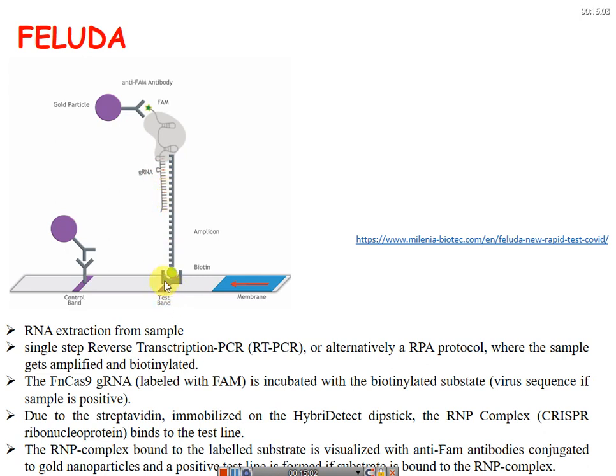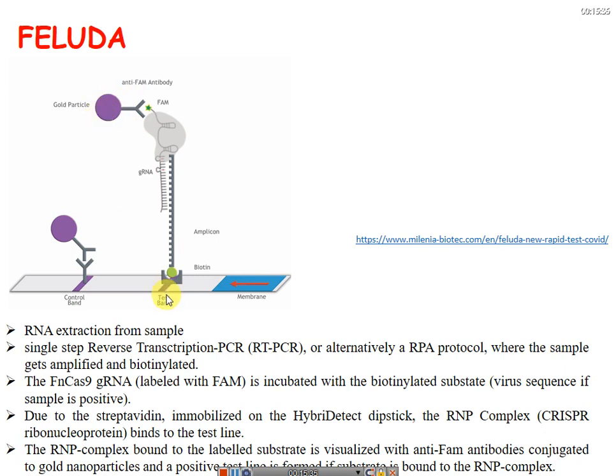Now, due to the streptavidin on the lateral flow strip, this biotinylated product gets immobilized on this dipstick, along with the RNP complex, that is this FN-Cas9 gRNA. Okay, now this ribonucleoprotein complex bound to the labeled substrate can be visualized using anti-FAM antibody conjugated with gold nanoparticles.